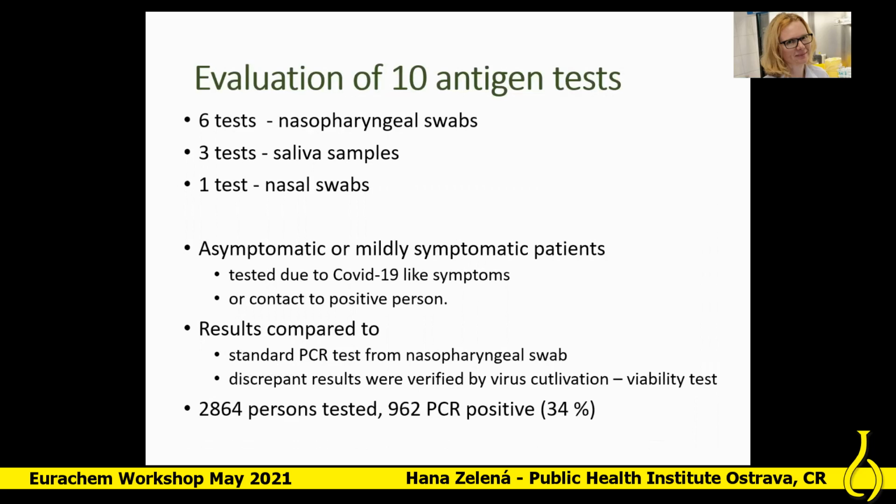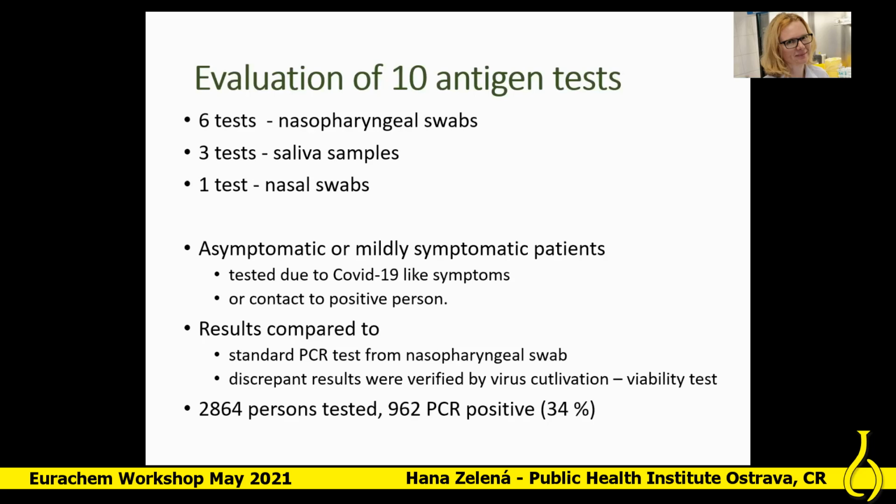So, and now our results. We evaluated 10 different antigen tests from various manufacturers. 6 of them were done from nasopharyngeal swabs, 3 tests were from saliva samples, and 1 was from a nasal swab.